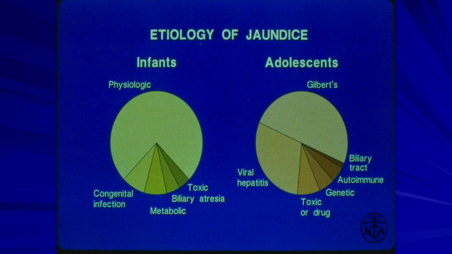Let me remind you first that jaundice is yellowish discoloration of the skin and mucous membranes, and that it is seen when serum bilirubin goes above 2.5 milligrams per deciliter. In infants, the most common cause is physiologic jaundice of the newborn, and there are some other less common etiologies that you don't have to remember.